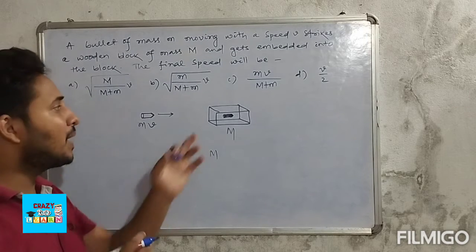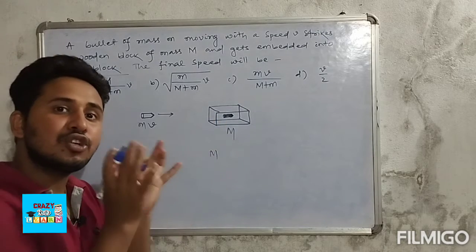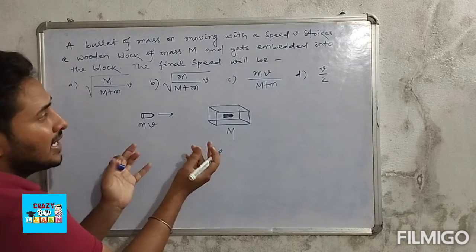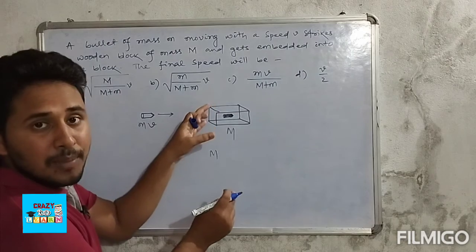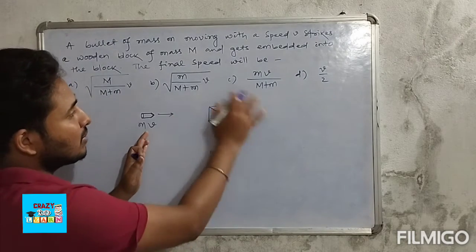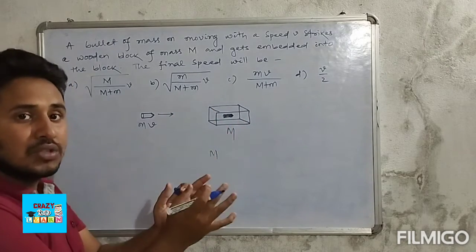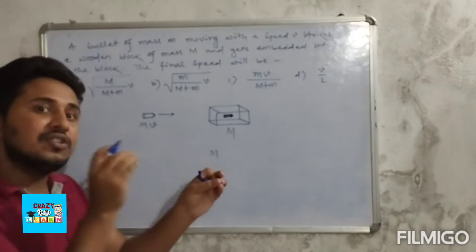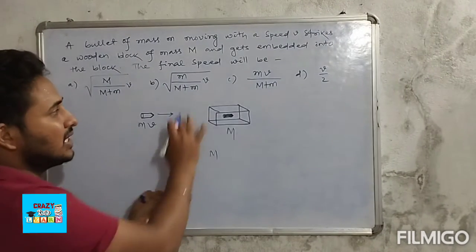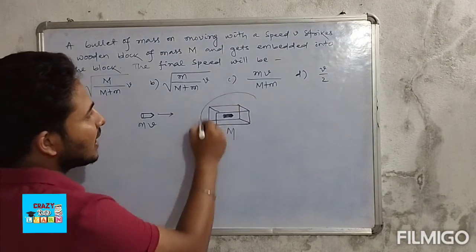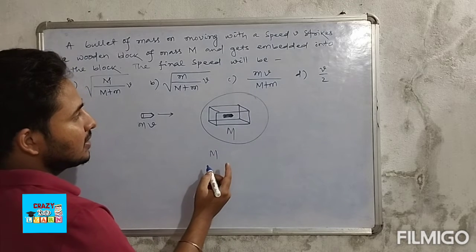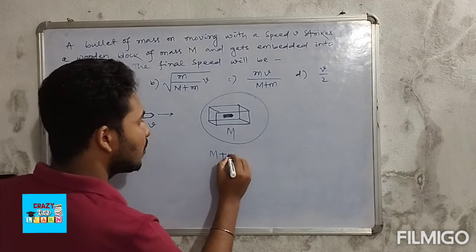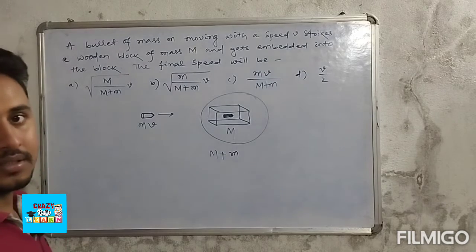Is it only made up of the wooden block? No. Before firing the system is just a wooden block, but after firing the bullet is embedded into the block. So now the system consists of two things. One is the wooden block, another is the bullet. So now the mass of the system is the mass of the wooden block plus the mass of the bullet.